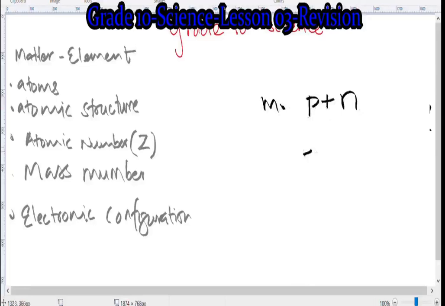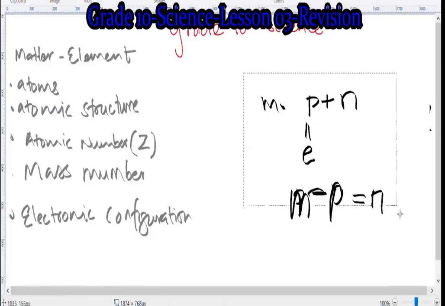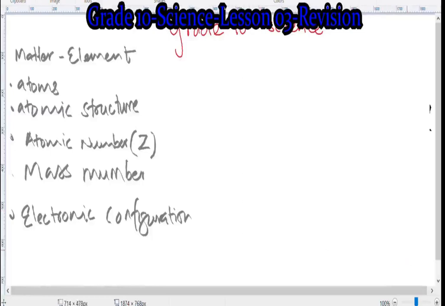If you knew the electrons, it is equal to the number of protons. So mass number minus protons will give you the neutrons. Likewise we found, and I gave you all worksheets. I didn't get much of a good response, but I hope you all do it and practice yourself.